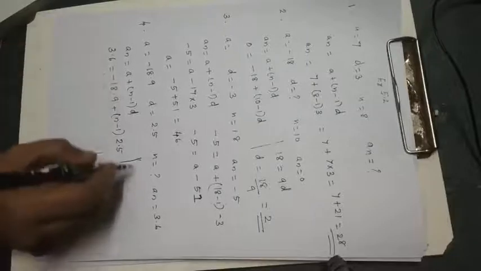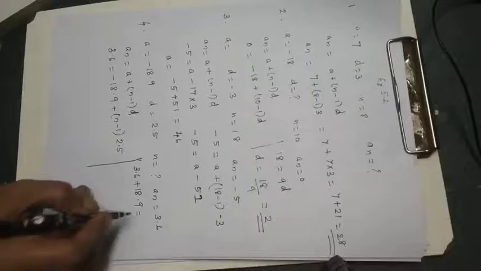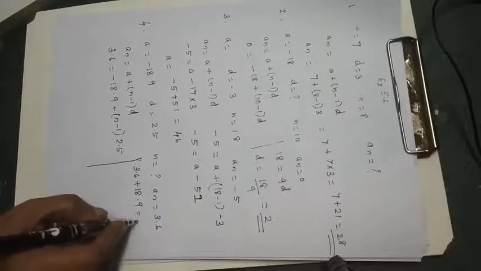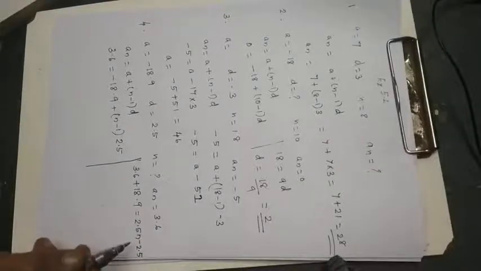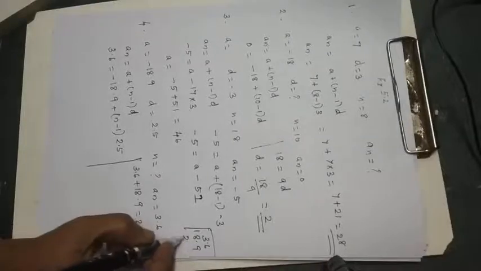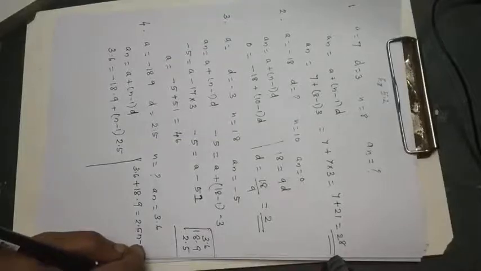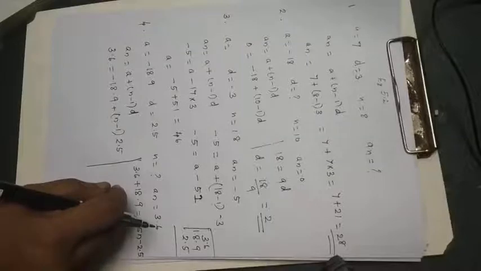So here 3.6 plus 18.9 is equal to 2.5n minus 2.5. So that 2.5 also will come here. So 3.6 plus 18.9, then plus 2.5. This negative 2.5 will also come here.